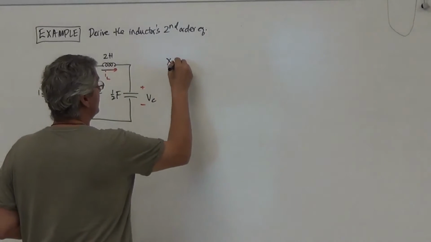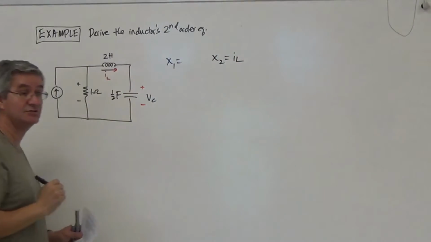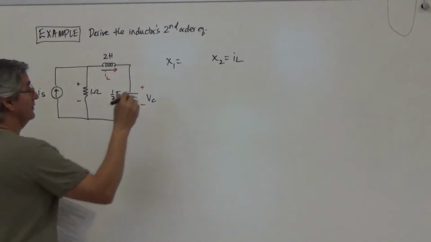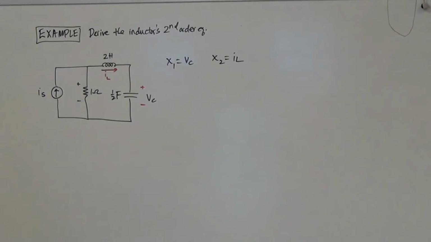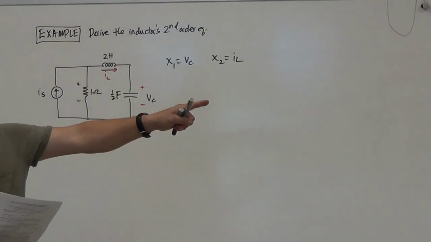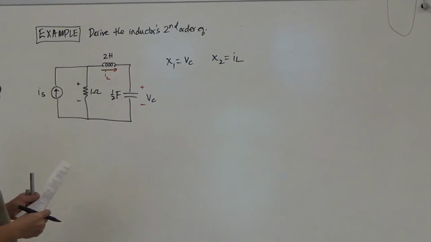Since I am solving for the inductor current, I'm going to write x2 as IL. So therefore, I have no choice but to call this VC. So I just did step one. That seems a little bit silly, but it really makes a difference as we go through later steps. So there's step one right there.